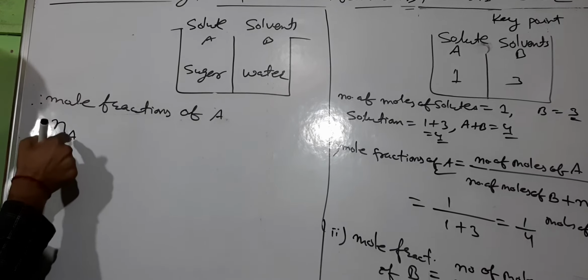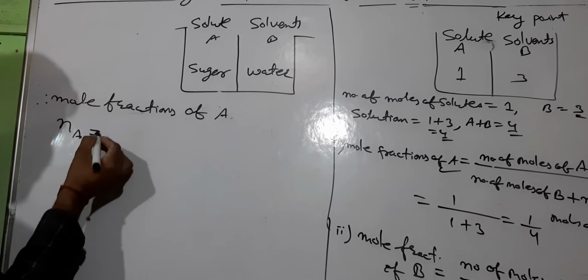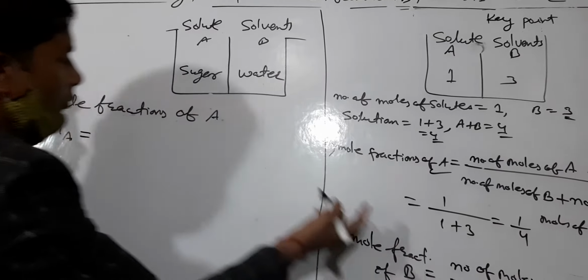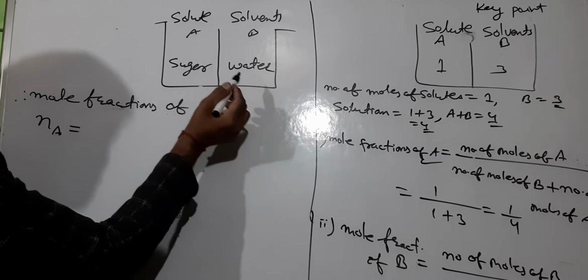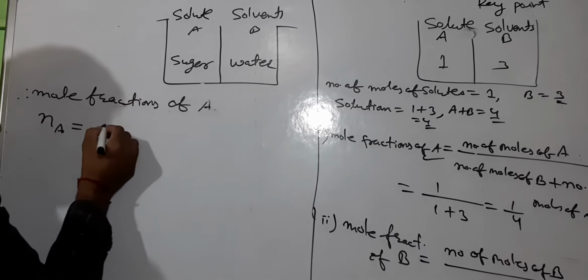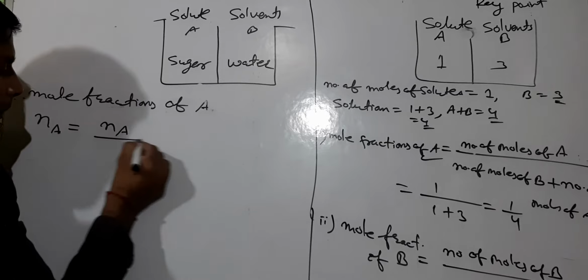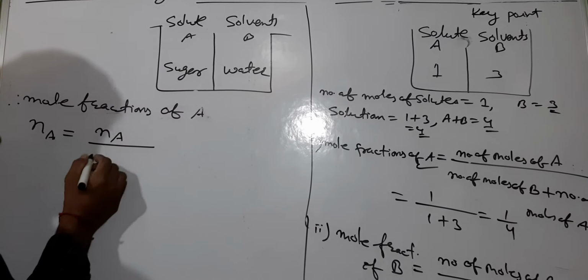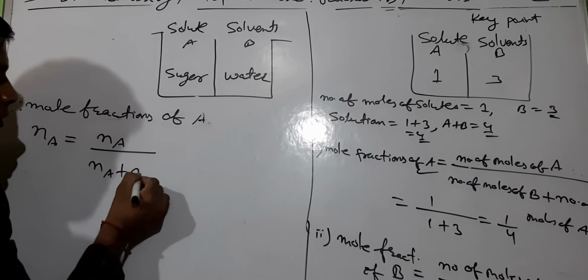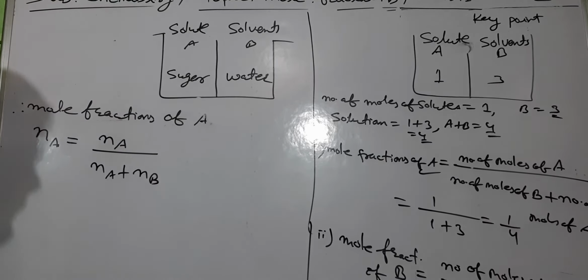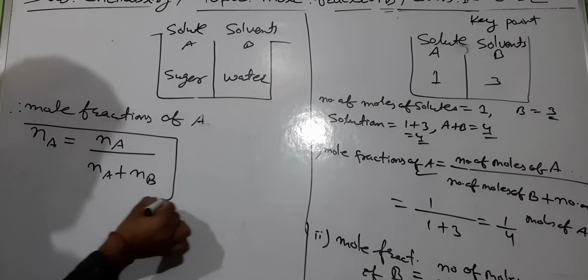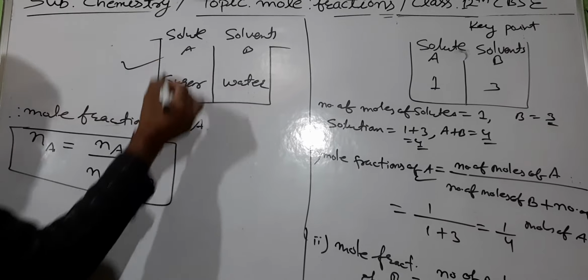The mole fraction of A equals the number of moles of A by the number of moles of A plus the number of moles of B. So this is the mole fraction of component A.